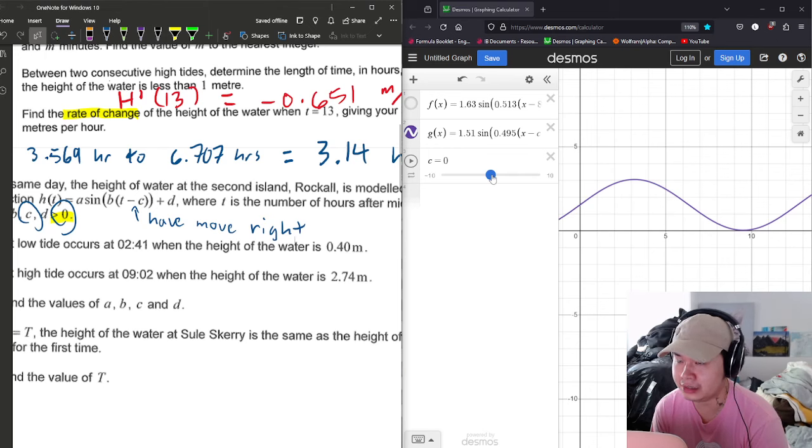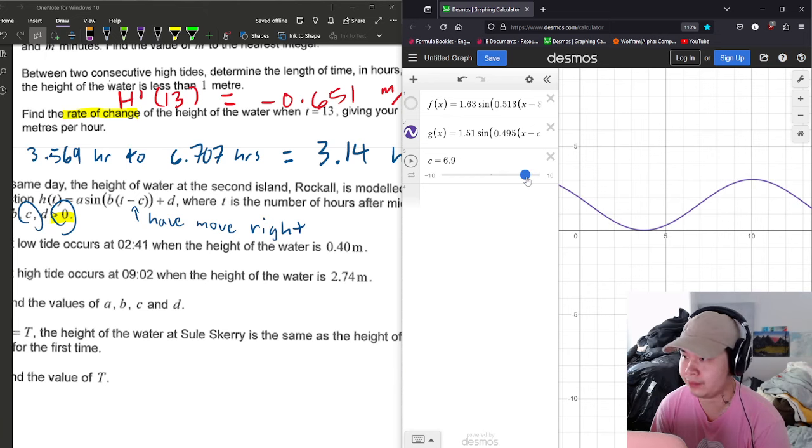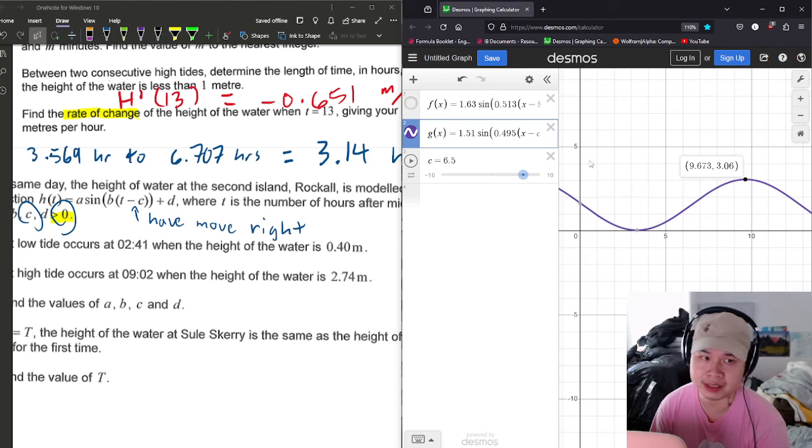So I need to take this, which is without a phase shift, and move it to the right until my high tide is going to be at whatever it said, 9 point something. So how do I find out the exact value of that?